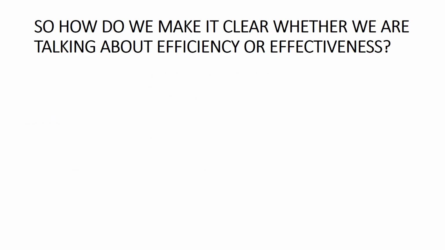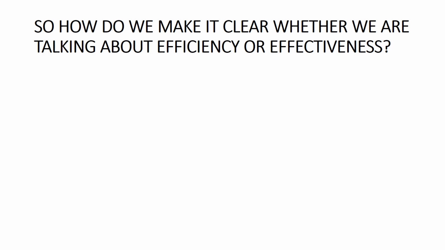This brings me back to the main point of this video. It is critical that you are able to distinguish between efficiency and effectiveness, even though the same strategy might increase both efficiency and effectiveness. How do we do this?